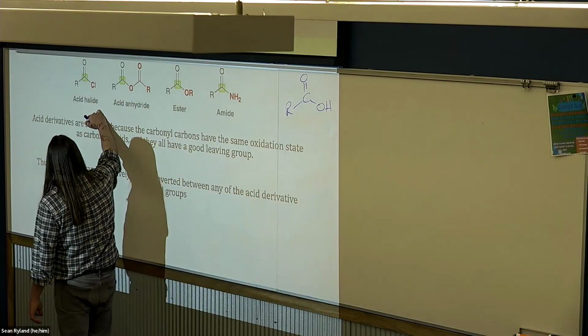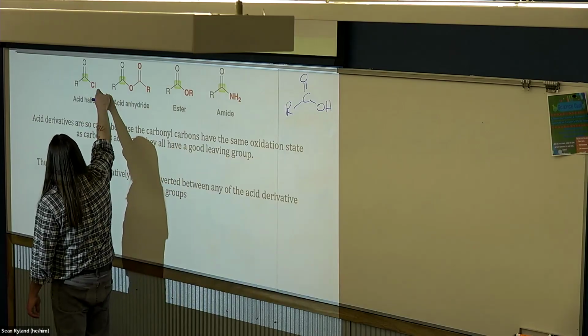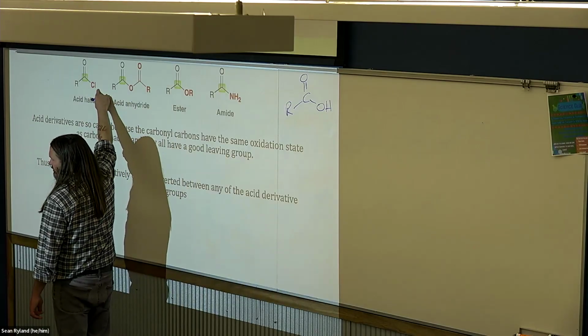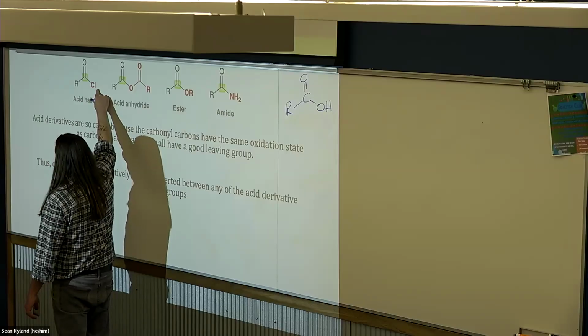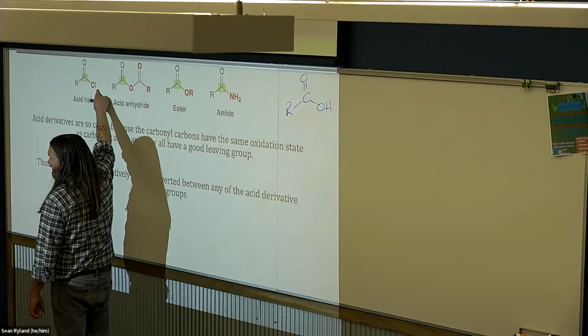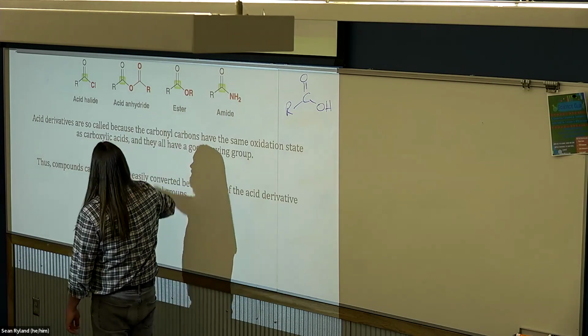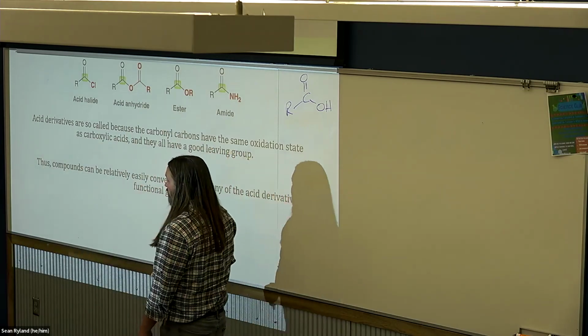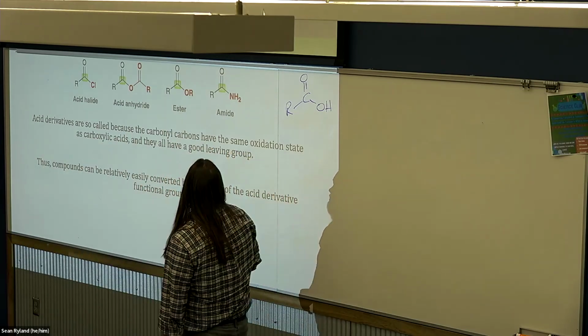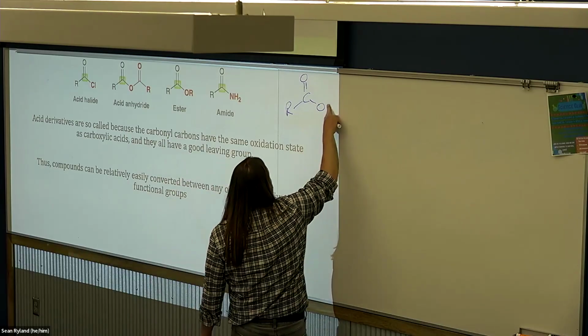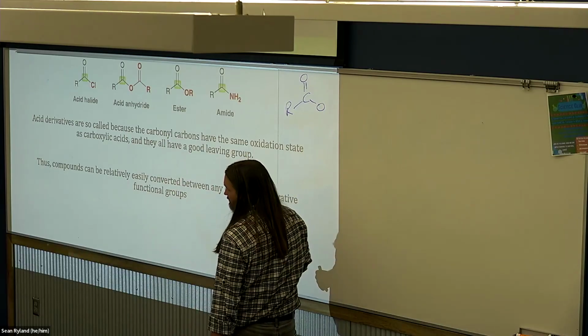So acid halide: we just replace the OH with a chloride, or you can do a bromide as well, maybe even an iodide, but chloride is most common. Acid anhydride is just two acid molecules stuck together. So instead of having an OH, you added a whole other carbonyl to it.